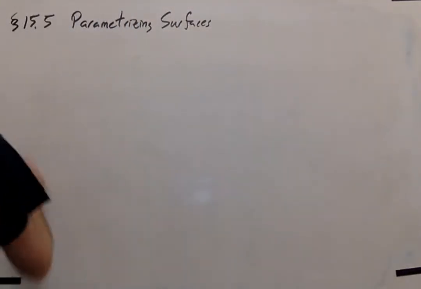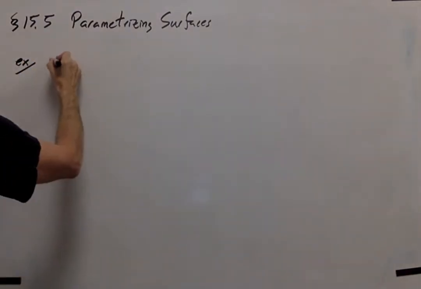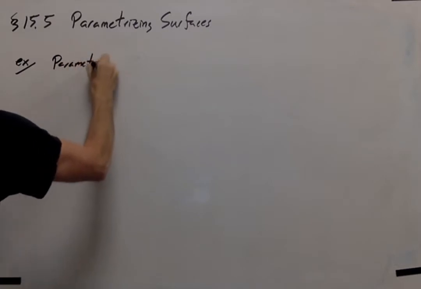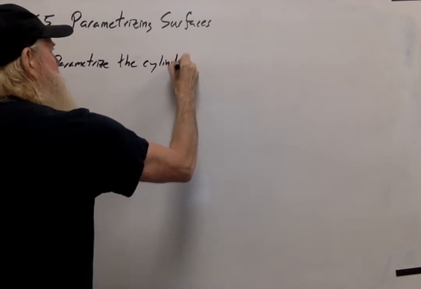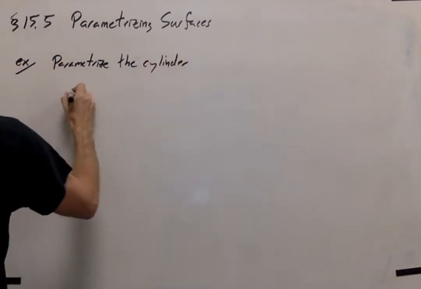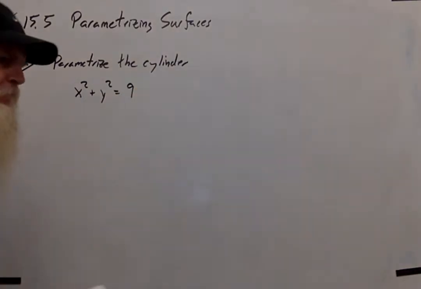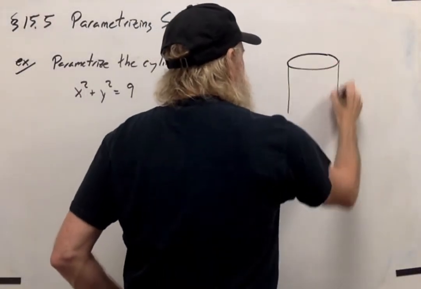So now let's see if we can parameterize the cylinder x squared plus y squared equals 9. So the graph looks something like this.